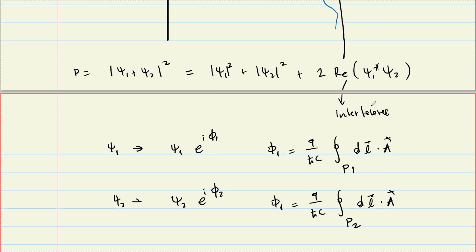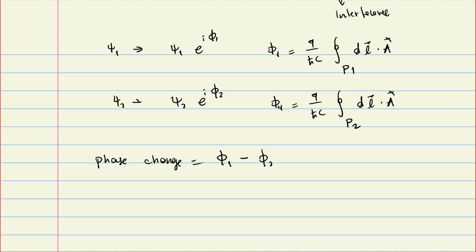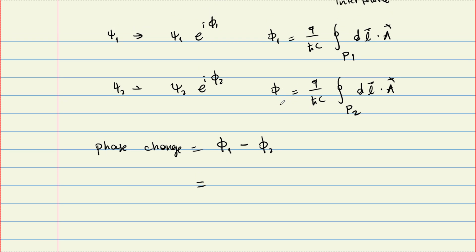In the presence of the vector potential, you can see one is psi star, the other one is psi, and the total phase change is going to be phi1 minus phi2 because we have complex conjugation in the second one. And that thing is going to be equal to the first one minus the second one.